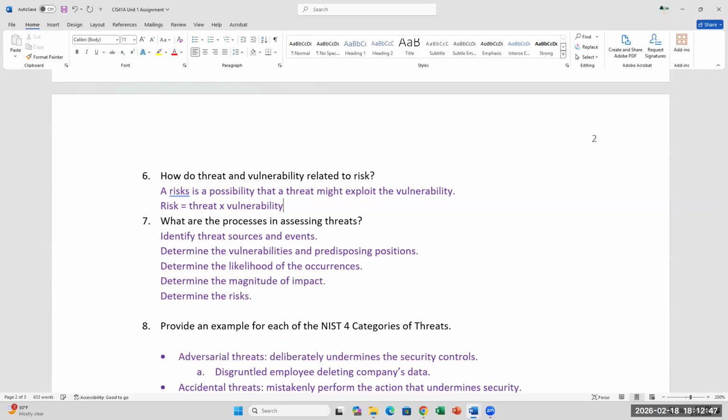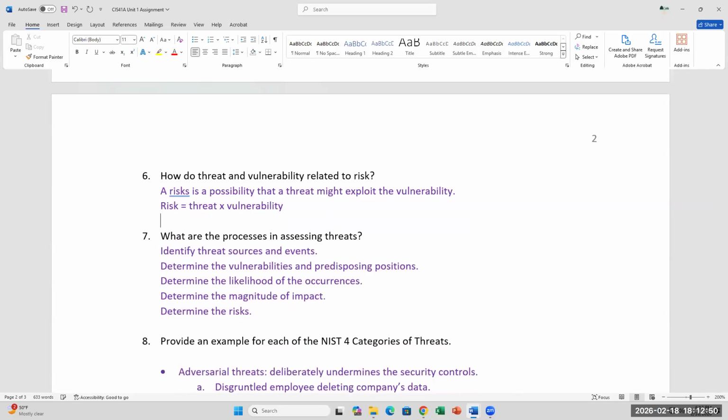So for 7, it says, what are the processes in assessing threats? So how do I start as an analyst? First, you need to identify your threats. So where can I go? Firewall is a good place to look at the logs. That's for the network or the system.